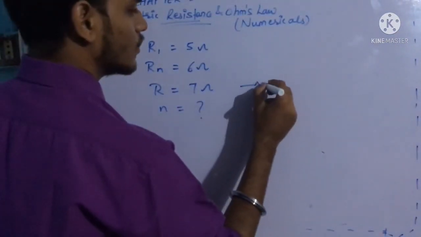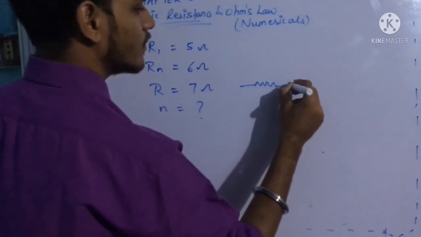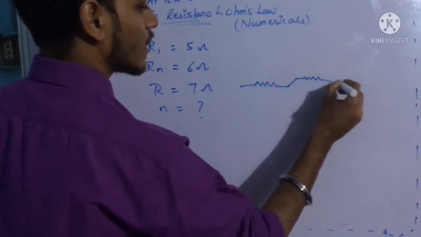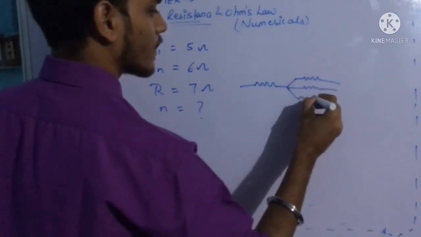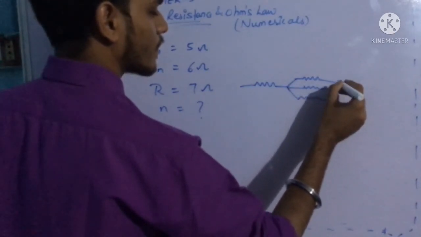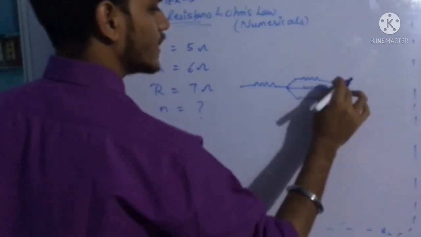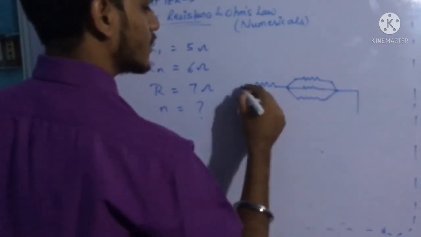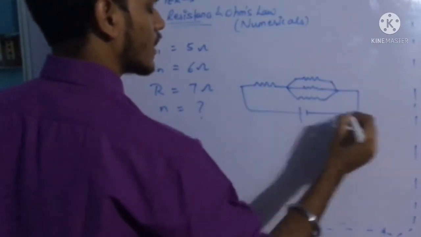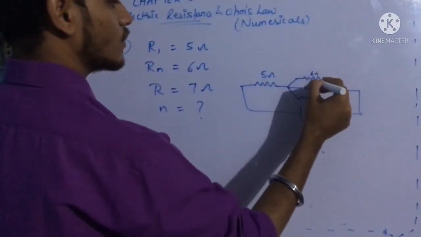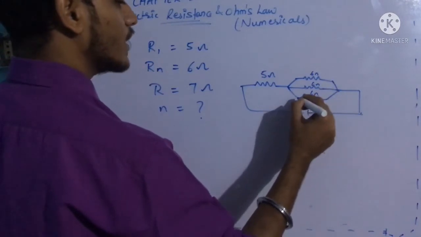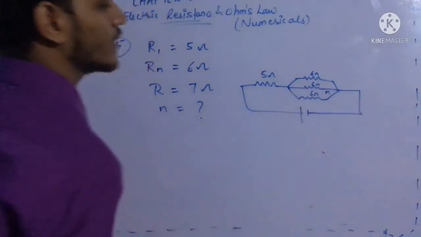Let us assume that the resistance arrangement is like this. n resistors are arranged like this, and this one is given as 5 ohm, and these are 6 ohm each, but they are n in quantity.